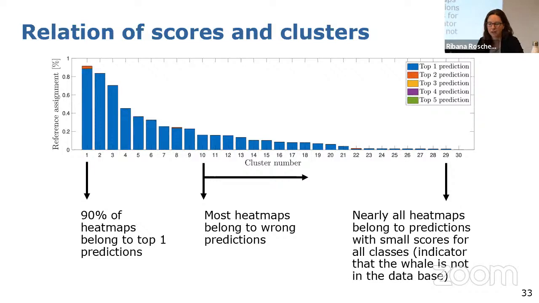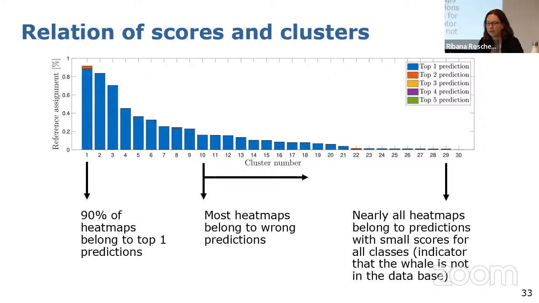What does it mean? This is a thing from machine learning, and when you use it for identification, you do not use the top 1 prediction, but top 5. Top 1 prediction means that the assignment with the highest score was also the correct assignment. Top 2 prediction means that the second highest score was the correct whale ID, and so on.